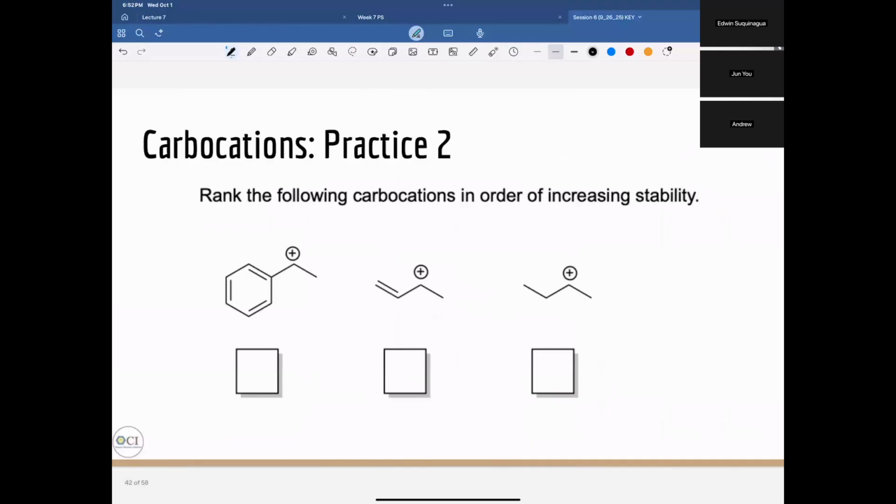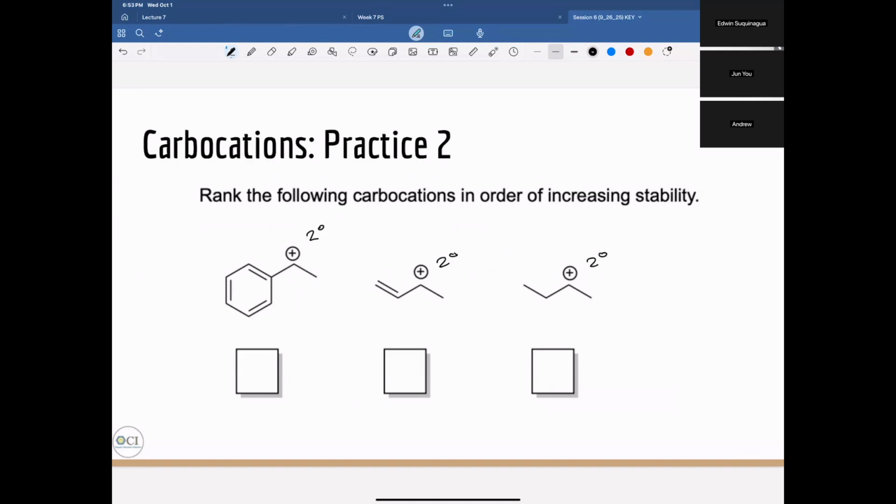So let's do some practice. Rank these carbocations based on increasing stability. We can see that all 3 of these are a second degree carbocation. So we can't use the degree of substitution to determine whether one is more stable than the other. In this case, we're going to have to move on to resonance.